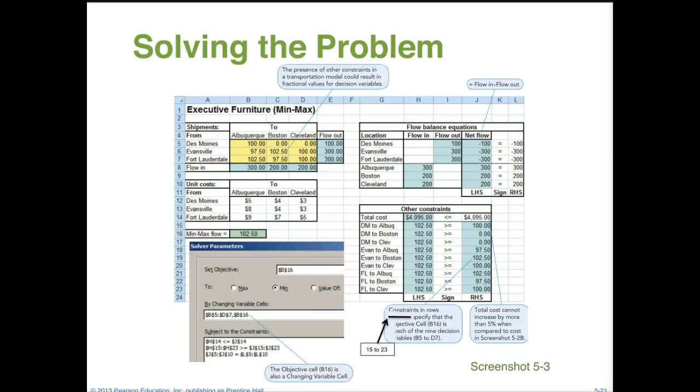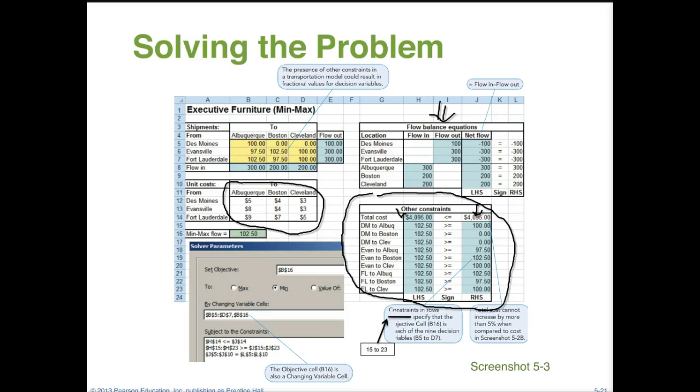All right, so if we set that up, then of course the price structure stays the same, and the flow balance equations as far as what the supply is and what your demand is, that stays the same. Okay. Now, the other constraints that we have, notice that we're now keeping track of the total cost, and the total cost has to be less than or equal to $4,095.